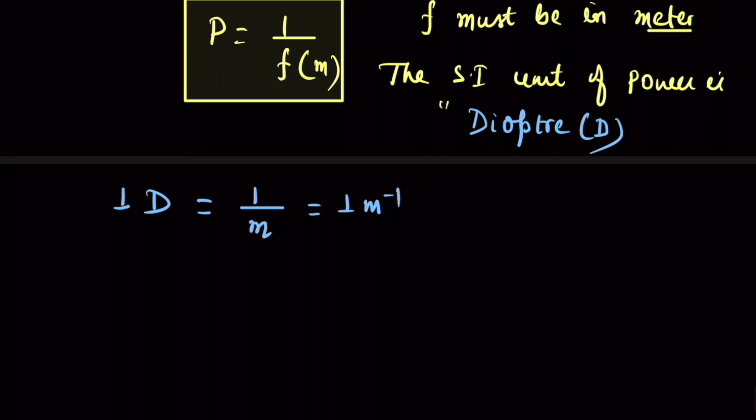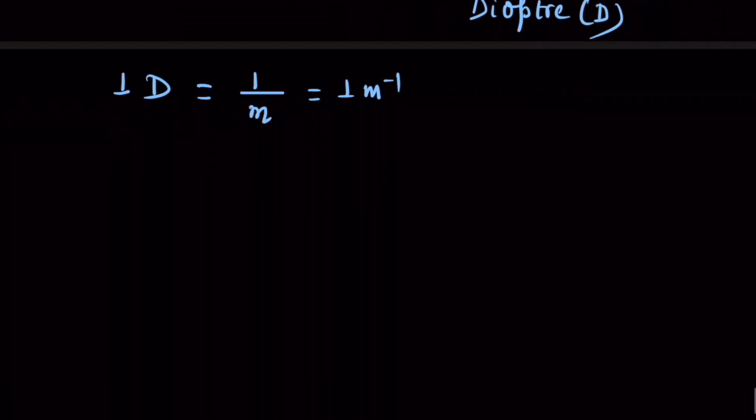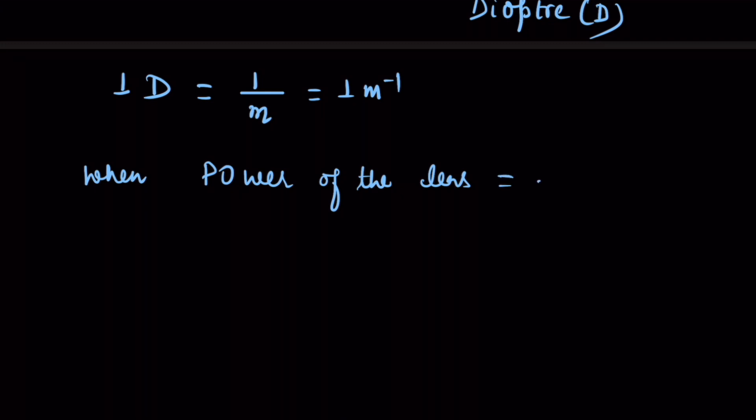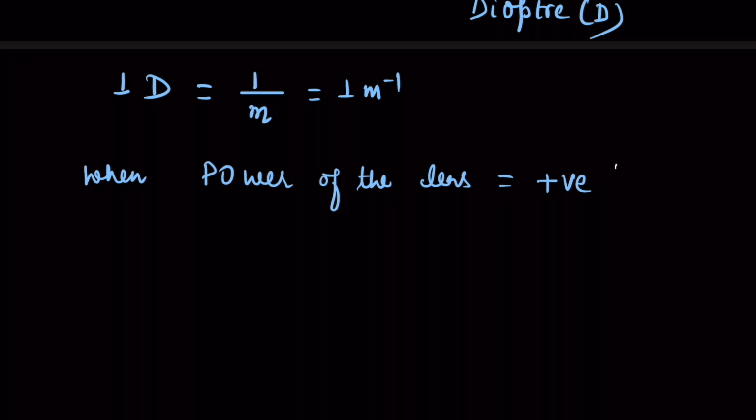One thing we can note down: when the power of the lens is positive, it means it's a convex lens.